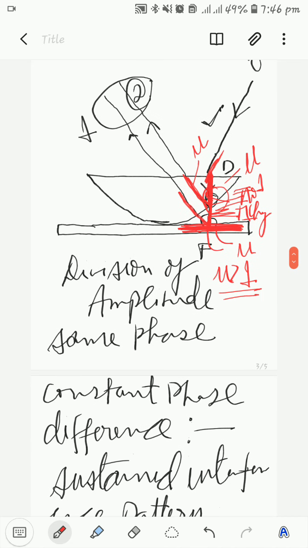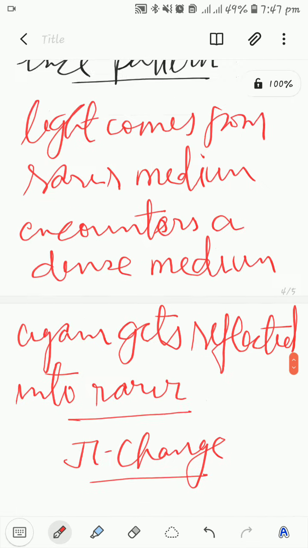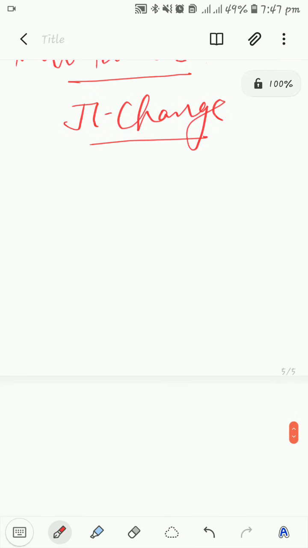Here, ray 1 will encounter a change of pi radians, and ray 2 will not encounter any change. One ray is encountering some change and the other ray is not.